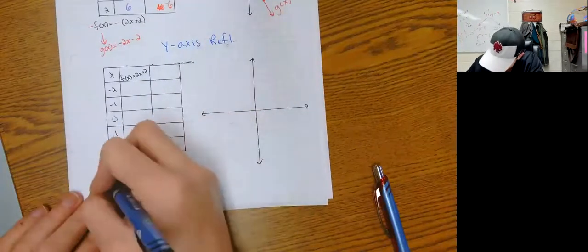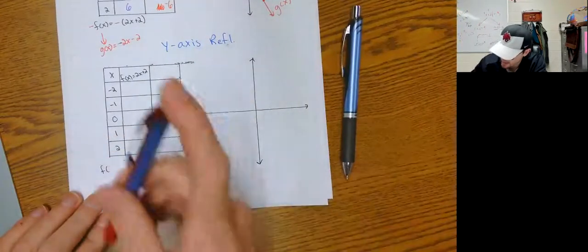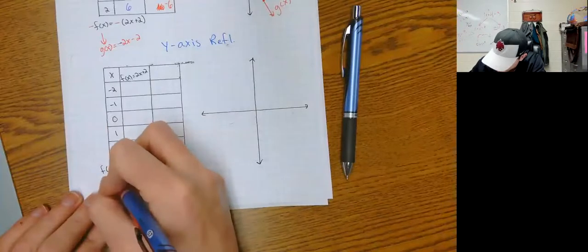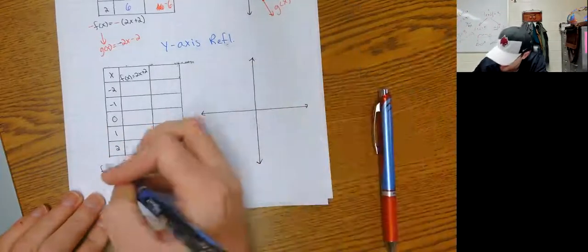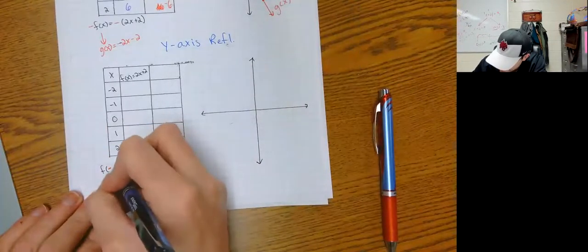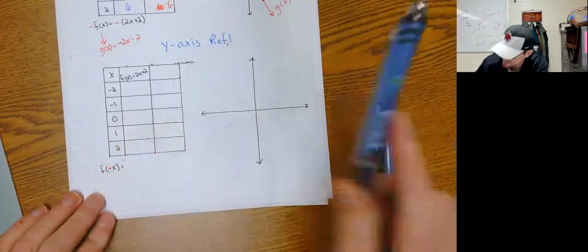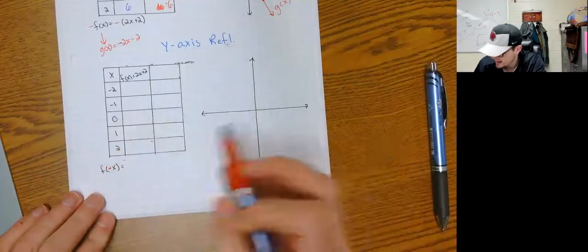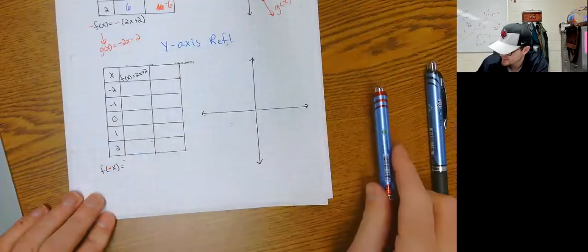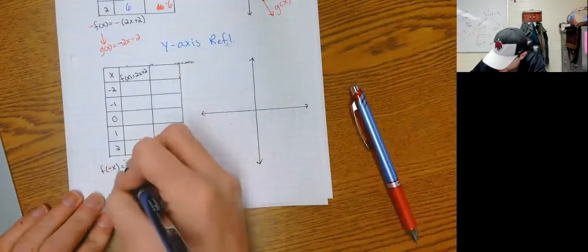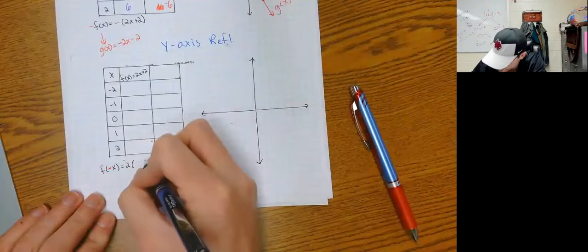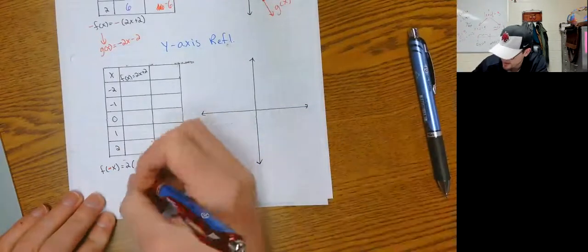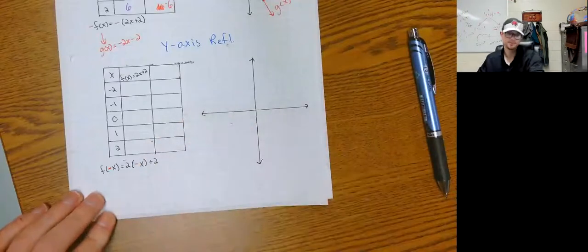So we have f. And we are going to multiply the variable by a negative. We're going to multiply the inside by a negative, so equals 2, and we're multiplying it by a negative.